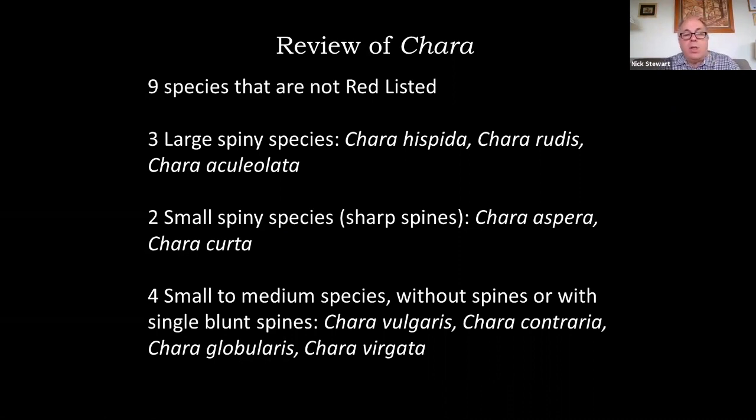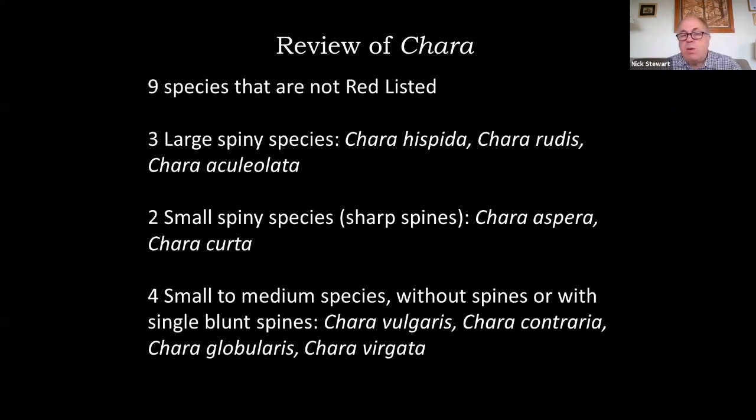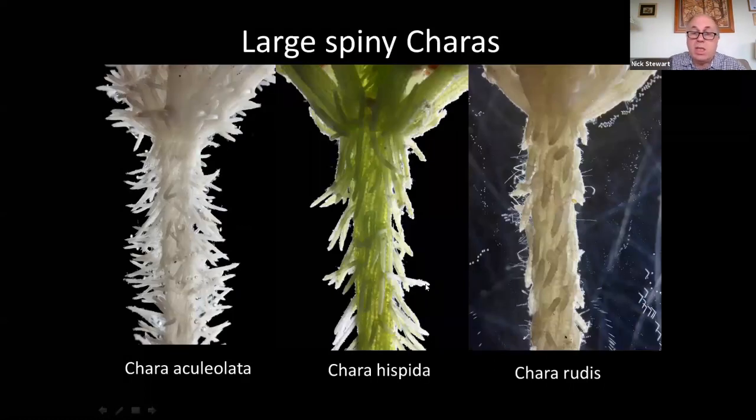There are 2 small spiny species, and there are 4 which are small to medium in size, and they either don't have spines, or if they do, they're single and blunt spines. So very quickly and easily, you can put them in those 3 groups. The large spiny ones are even very easy to do in the field.